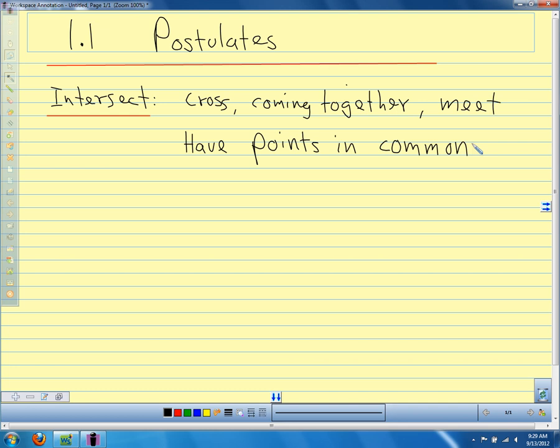Another way we could say it is that they share points. So that's what we mean when we say two geometric figures intersect. They share points.